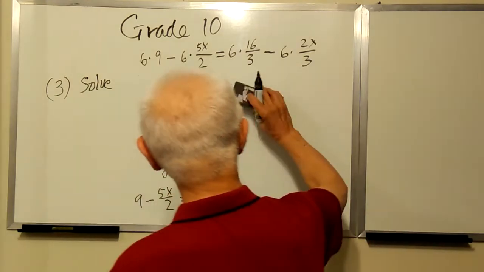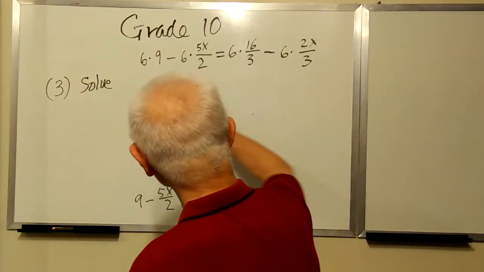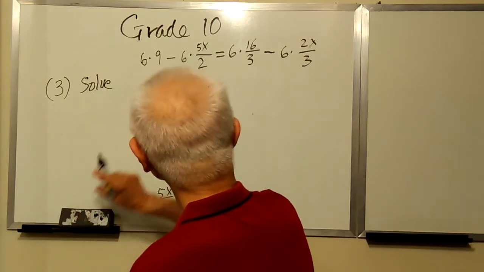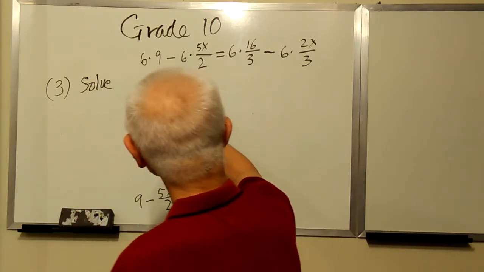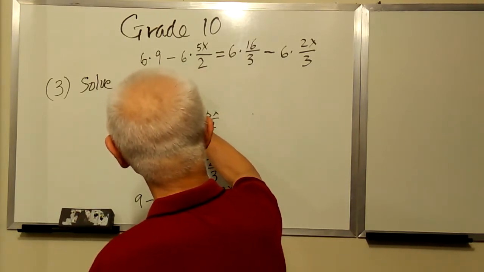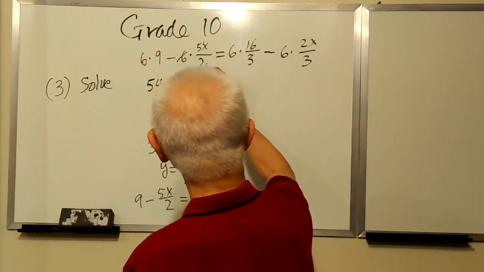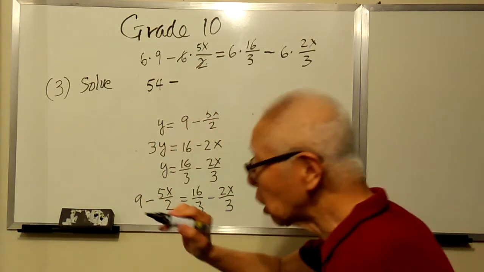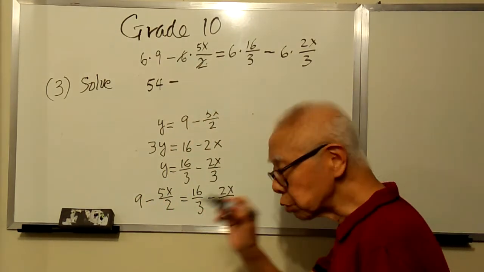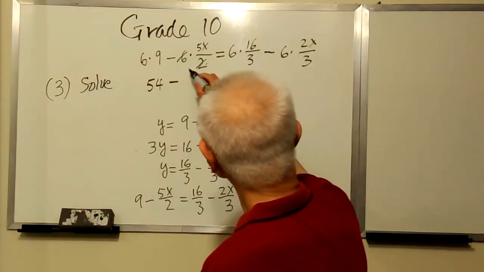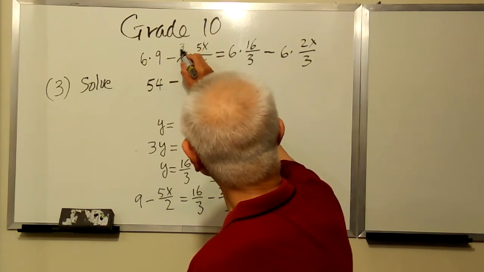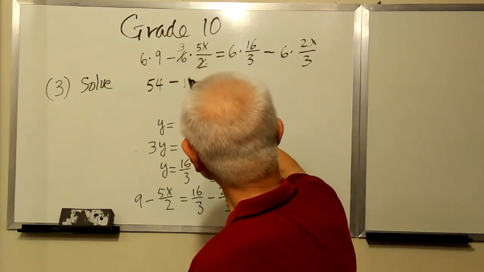Now, 6 times 9 is 54. 2 and 6 can be cancelled. You always remember, if you can reduce, you reduce it. 2 and 6, you get 3 here. So 3 times 5 is 15.